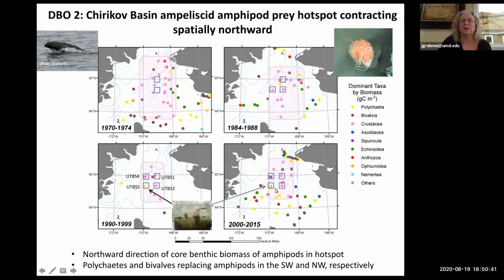The western side of the system has moved more into worms and polychaetes, which are not gray whale food, but they are walrus food. But the contraction is in the food that the gray whales feed on off the bottom here. And this change is happening in the southwest of this time series area.